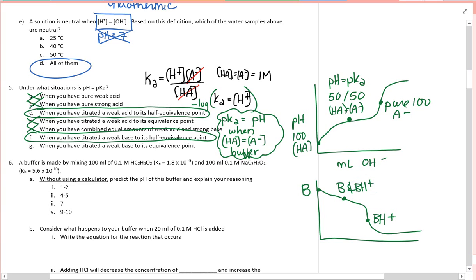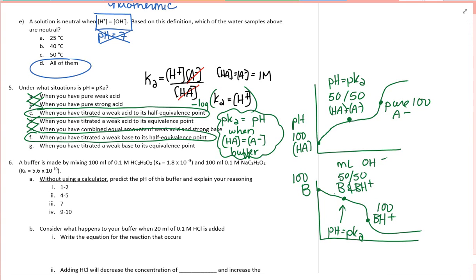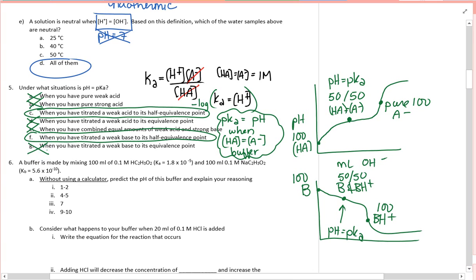So you've got the combo right here. Again, if we start out with 100 bases here, at the end we'd end up with 100 acids, but in the middle you're going to have a 50-50 split. So right here in the middle, your pH is going to equal your pKa. It doesn't matter if you started with an acid or base. At the midpoint, you're still going to end up with equal amounts of acid and base, so your pH is going to be determined by your pKa. Okay, and this one isn't good, because at equivalence, this would be pure weak acid.